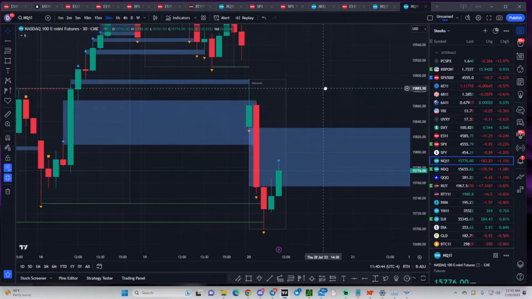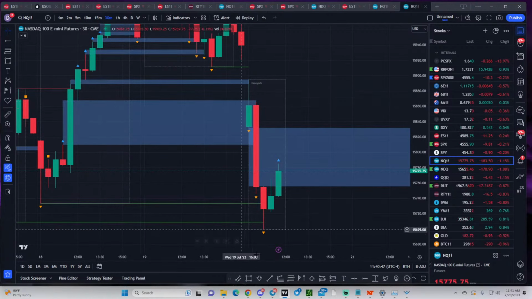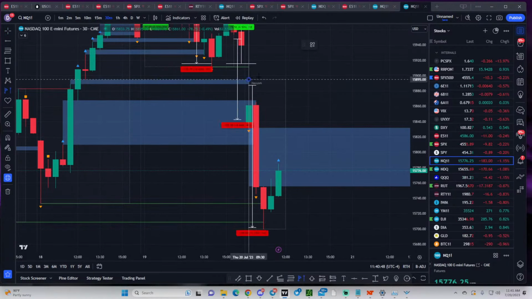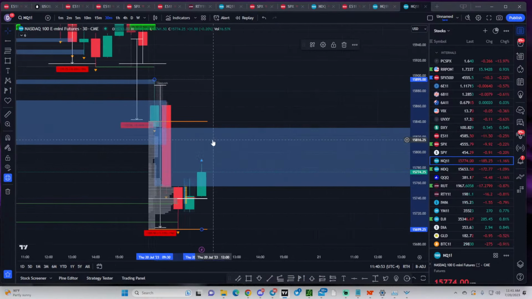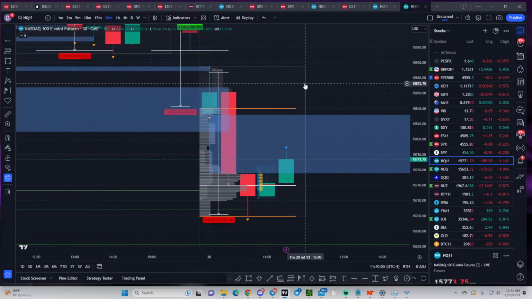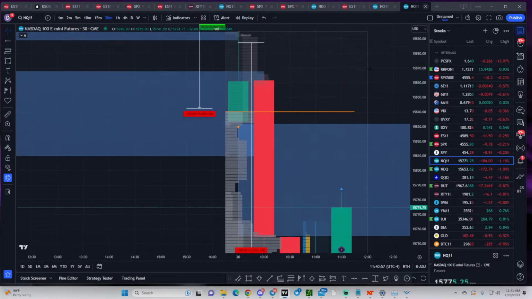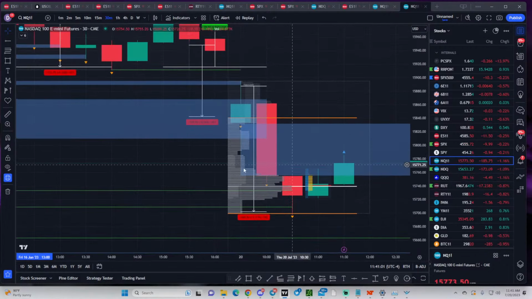So how do you know the difference? Visually I know it, but if you get your profile tool, you're going to see that. See how skinny it is here? It only has one bar threaded right through it. So that is a single print until it's filled.